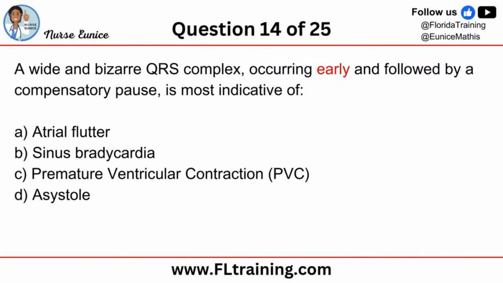Is it atrial flutter, sinus bradycardia, premature ventricular contraction, or asystole? I gave you a good hint. I highlighted the word early and told you it was something we hadn't discussed yet.